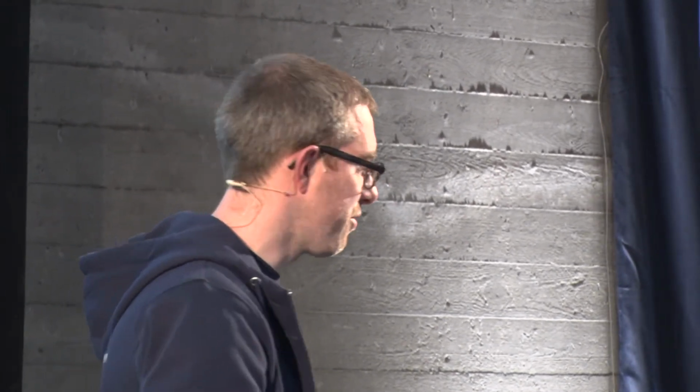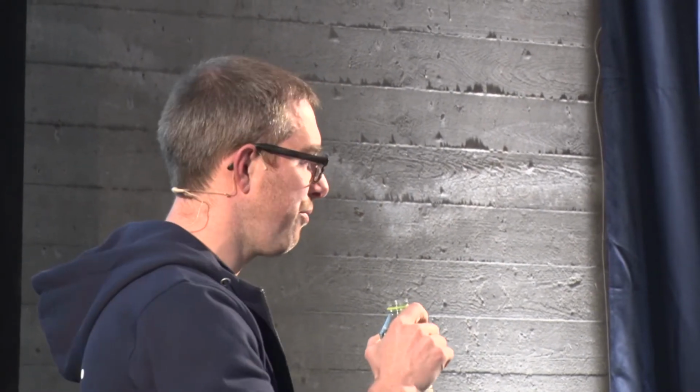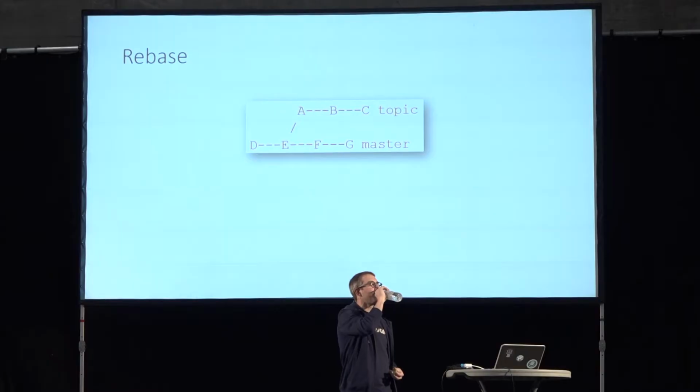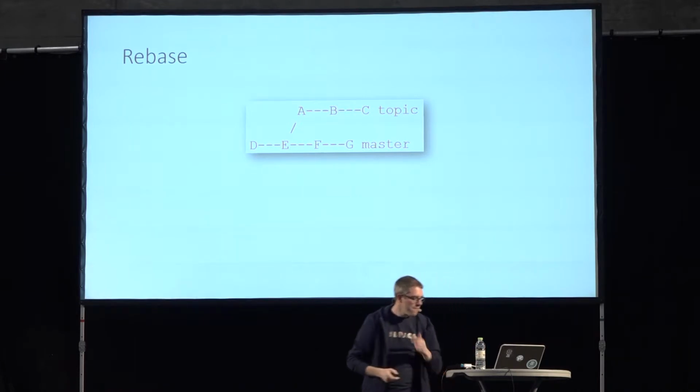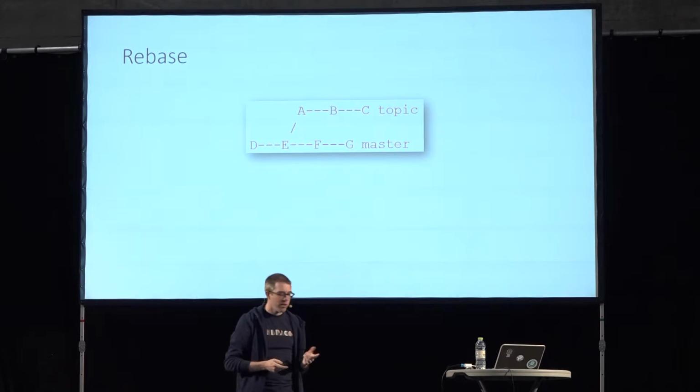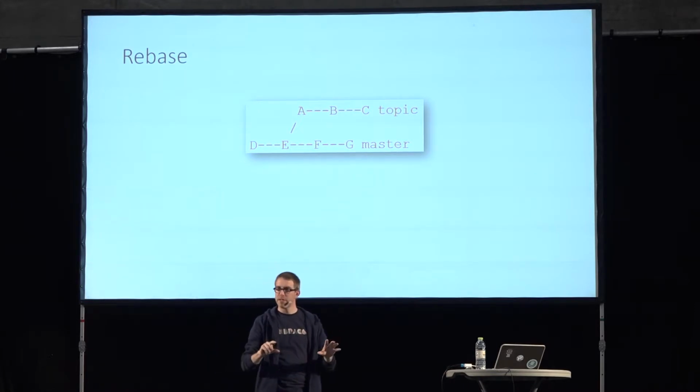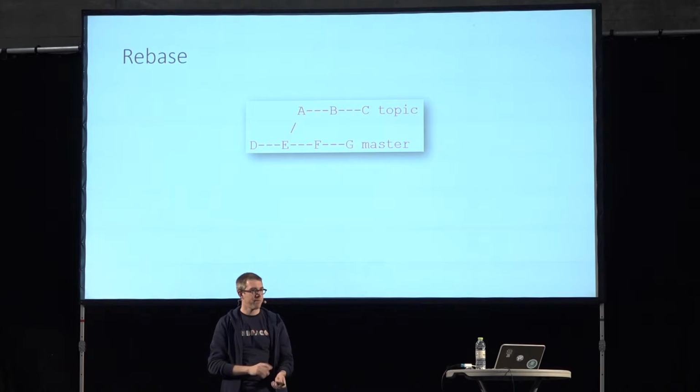And then there's the rebase. Rebase is something which is not used enough, which people are very concerned about, where they have a lot of issues. So imagine you have the same setup as before with the merge. A rebase would take the master branch and would put the feature branch, in this case, topic, onto the master branch.